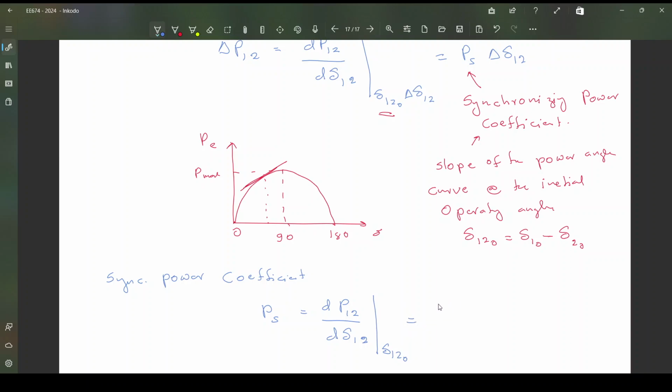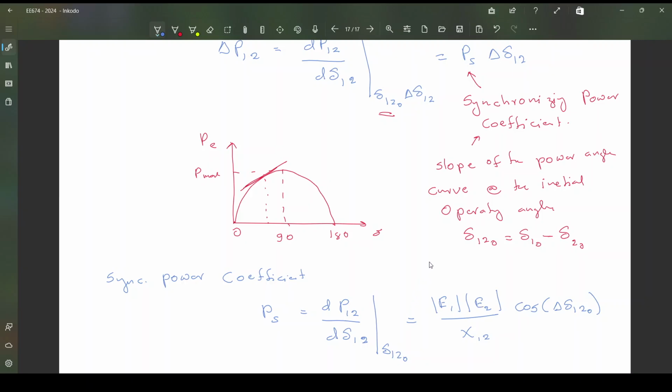So this would be equal to E1 times E2 over x12 times cos delta 12 0, the initial angle difference.